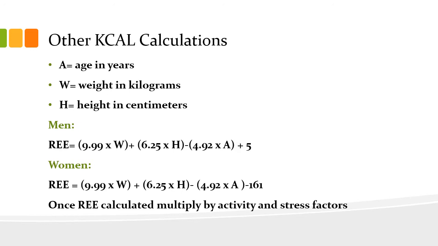Then women, you see the calculation there as well. 9.99 times weight, 6.25 times height, minus 4.92 times the age, minus 161. Once you have your REE calculated, then you can multiply by activity and stress factors.